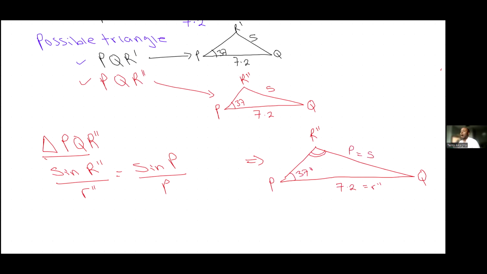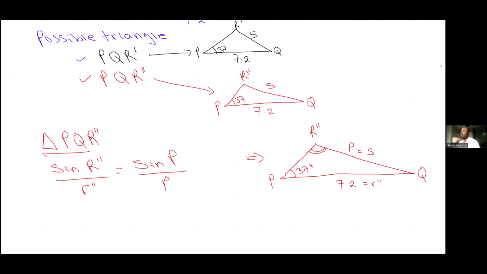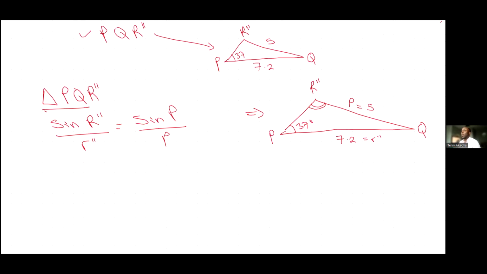So we are looking for R double prime, so what you need to do is make R double prime the subject of the formula. I'm going to cross multiply here. So it's going to be P multiplied by sine R double prime equals r double prime multiplied by sine P. Then we divide both sides by P, and this cancels that.